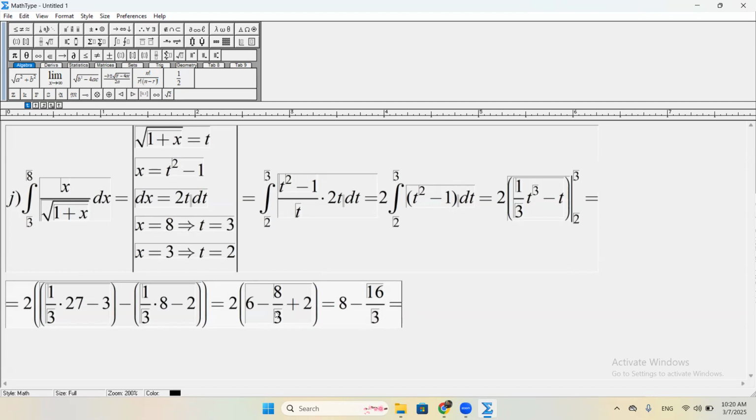We also need to multiply by 2. Oh yeah, 16. So 16 over 3 equals 48 over 3. And 48 minus 16 is 32. So the final answer is 32 over 3.